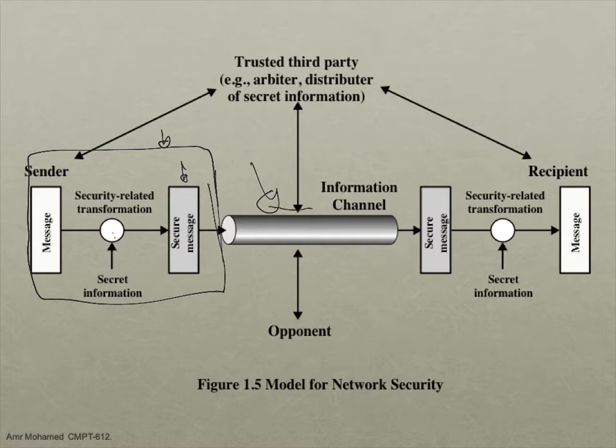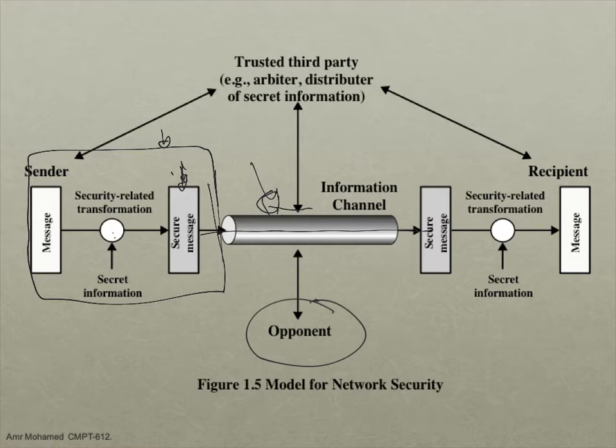While the data is transferring over the channel, of course, the opponent or the attacker can see everything on this channel. You don't have any control; the attacker or the opponent can actually expose and see this message. But the idea is that if that attacker sees a secure message which is already encrypted, he or she will not be able to extract anything out of it.